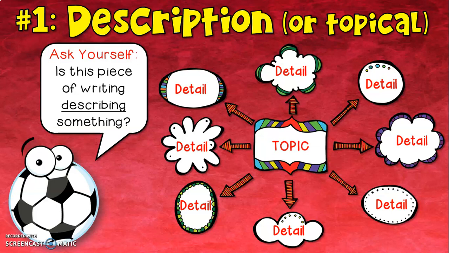So think about there being a topic, and then there are different details describing that topic. For example, we read about the redwood trees in our news ELA article. So that would be the topic of that article. And then there were different details to support that. So they were describing the redwood trees.